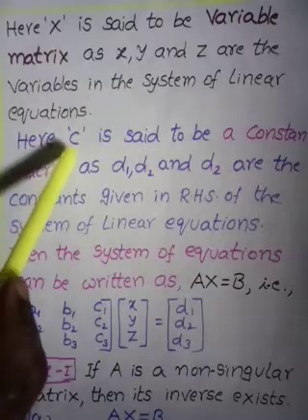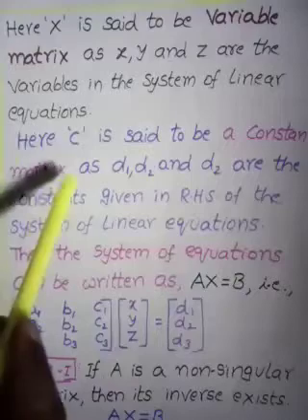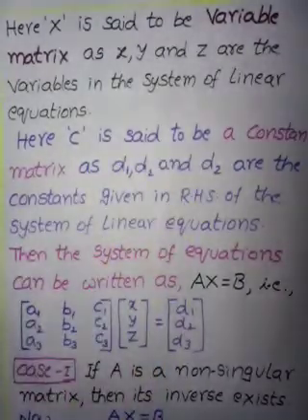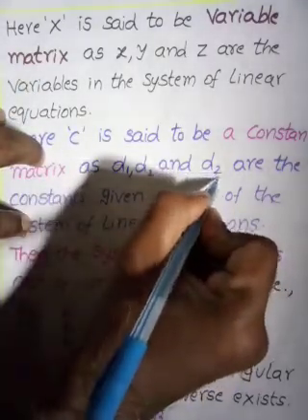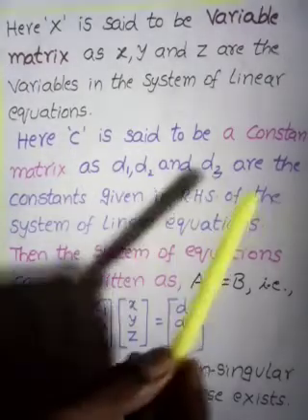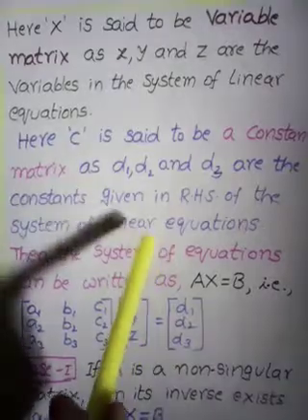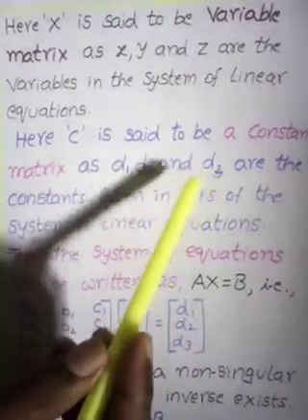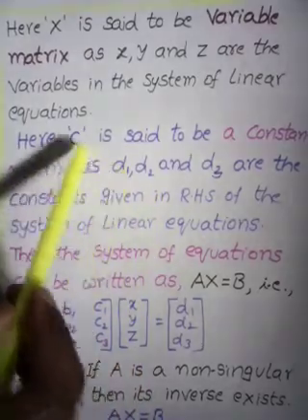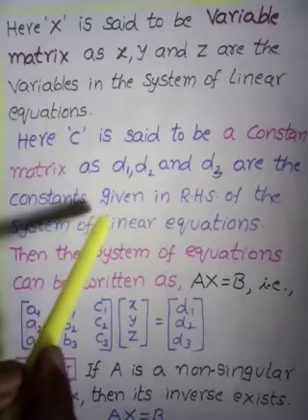Now come to the matrix B. Here the matrix B is said to be a constant matrix as d1, d2 and d3 are the constants given in the RHS of the system of linear equations. If you observe the given system of linear equations, d1, d2, d3 are the constants given in the RHS. Okay, my children, that is why the matrix B is said to be a constant matrix. Understood these 3 points, my children?